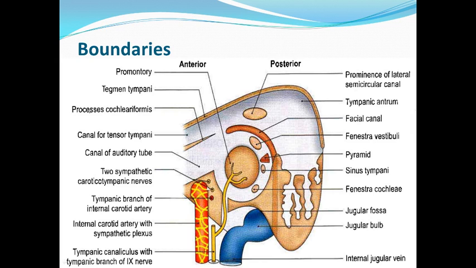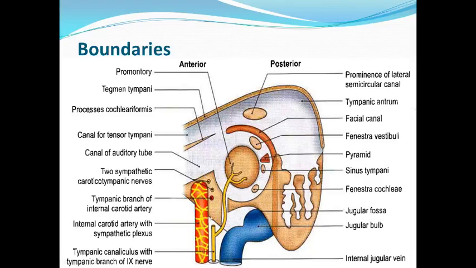This is the internal carotid artery, which resides in the carotid canal, with the sympathetic plexus. This thin plate of bone forms the posterior wall of the carotid canal, in the inferior part of this anterior wall.